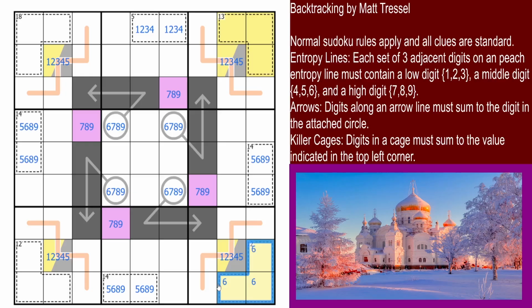So that means 6 is not possible in 12 cage or even in 13 cage, because if any one of these is 6, the other must sum to 7. So 7, 8, 9 is not possible, and we are saying that one high digit must be possible. So 6 is not possible in any of the 12 cages. Even 5 is not possible, because if this is 5, the 2 digits must sum to 7, right? So in 12 cages, 5 and 6 are not possible.